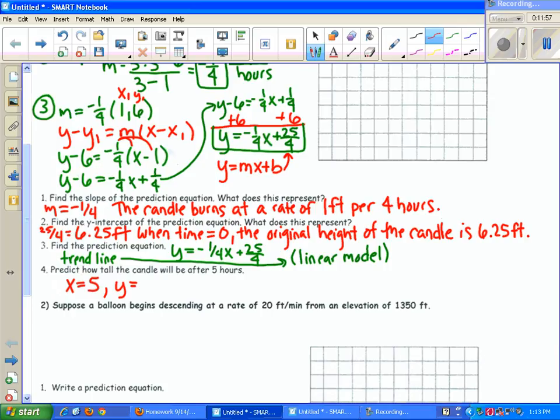So I'm going to do some of this work off to the side. y is equal to -1/4 times 5 plus 25 over 4. And of course, you guys should practice plugging this into your calculator so you can get the correct answer. So when I do this, I end up with y is equal to 5.